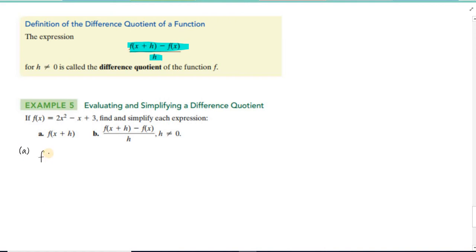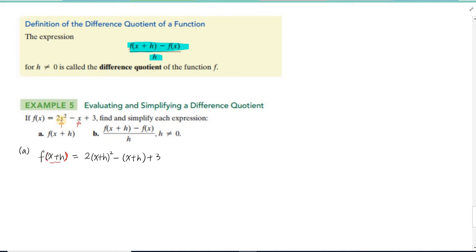We need to find f of x plus h. In the past we have learned that anytime you have something inside the parentheses, all you have to do is plug this whole thing in for every x you see. So that means we're going to have 2 times (x plus h) squared minus (x plus h) plus 3.